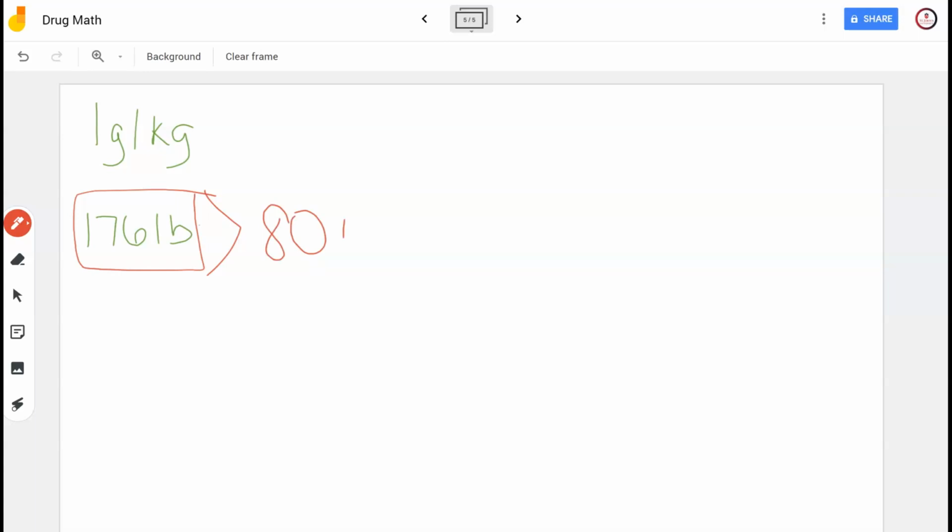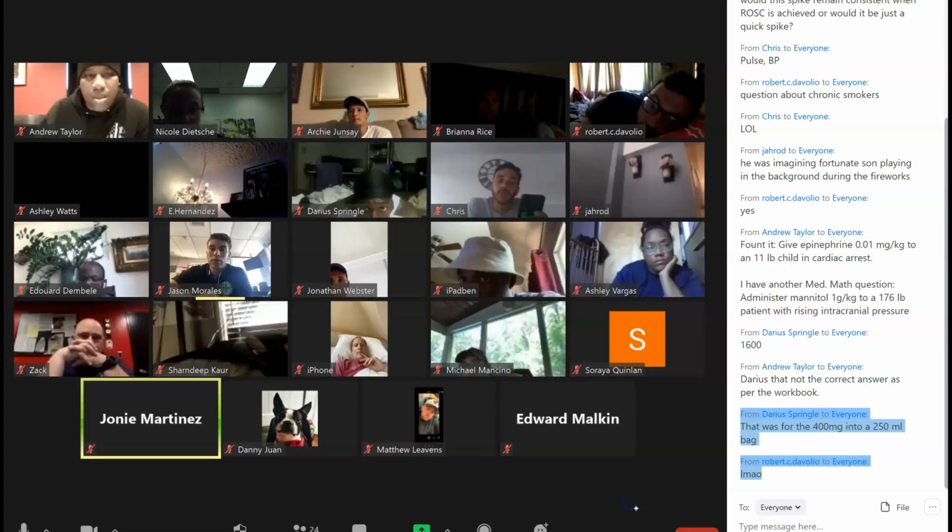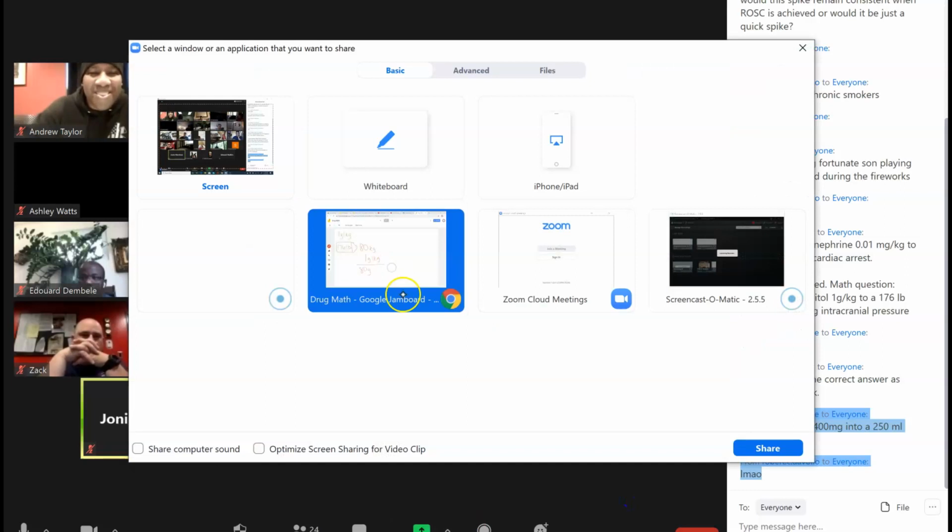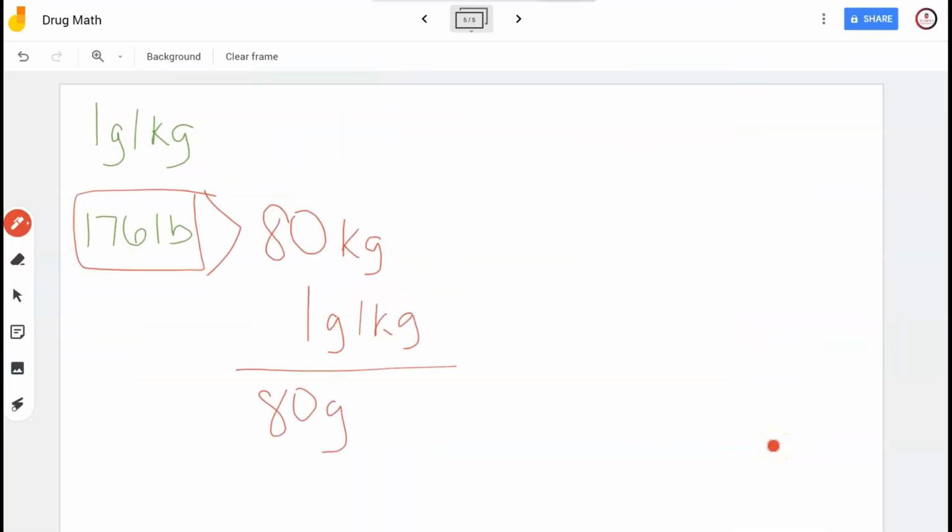Okay, 80 kilograms times 1 gram per kilogram is 80 grams. I don't think you're sharing your screen, Nicole. Curses. Yeah. Thank you. There you go. So you've converted, right? 80 kilograms, 1 gram per kilogram is 80 grams.